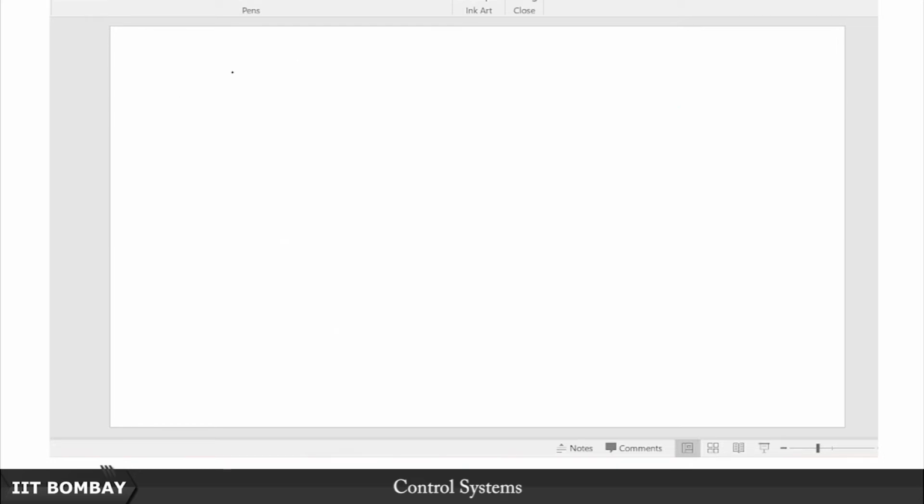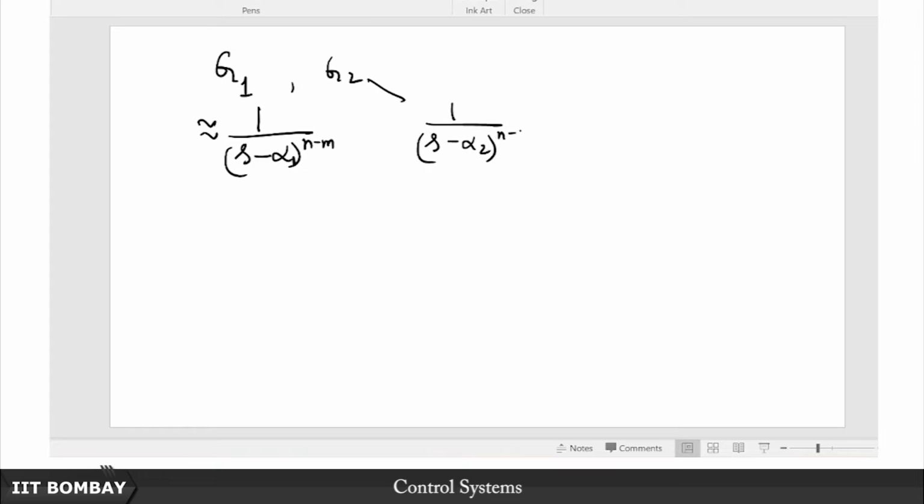So how do we go about doing that? The way to do that, it turns out, is we say that given any system, whether it's G1 or G2, we want to approximate it by a system such as 1 by (s minus alpha) to the n minus m. So we want to approximate this by 1 by (s minus alpha 1) to the n minus m, and this by 1 by (s minus alpha 2) to the power n minus m. Why are we saying this?